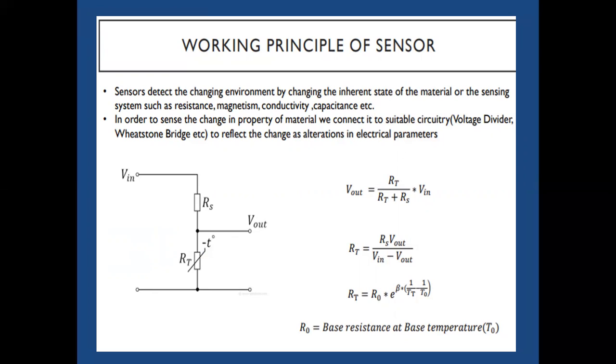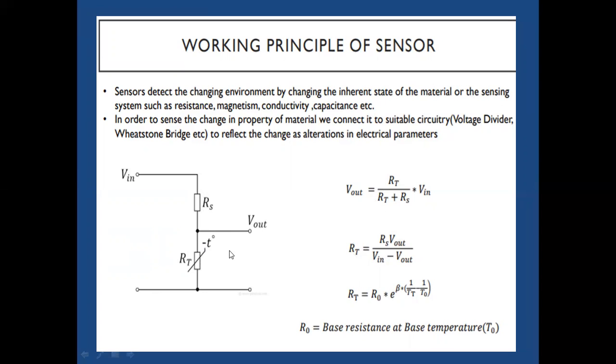In the case of a transducer, in order to sense the change in the property of the material, we connect it to suitable circuitry. What we said earlier is that the transducer is accomplished with a separate circuit built within the system. While we derive V output equals RT by RT plus RS, why is that? Because these two resistances are connected in a parallel connection.